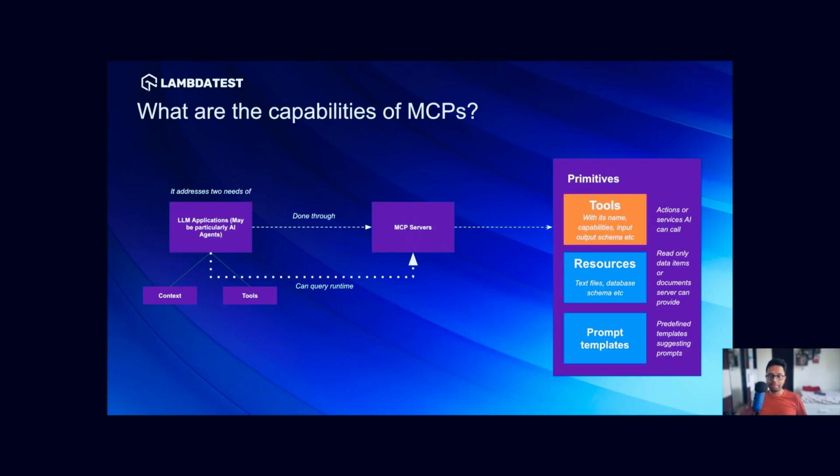The second primitive is resources, which can help the agent get access to something like a database schema, some internal text file, etc. And these are usually read-only data items that it needs to gather more and more context.